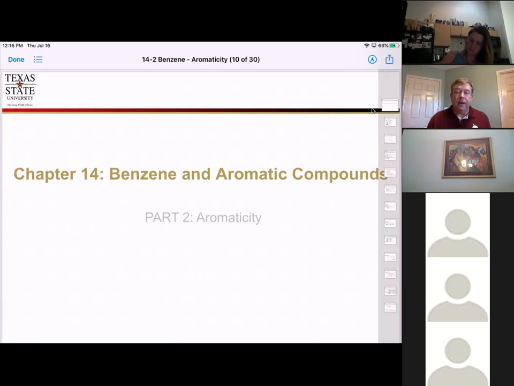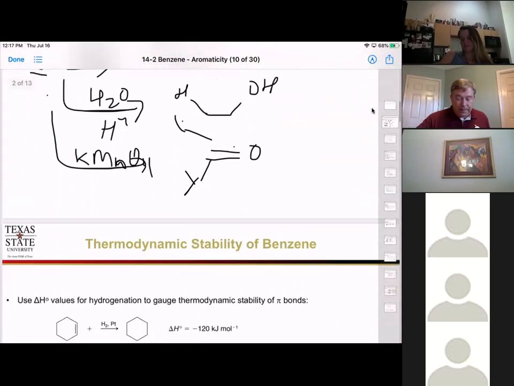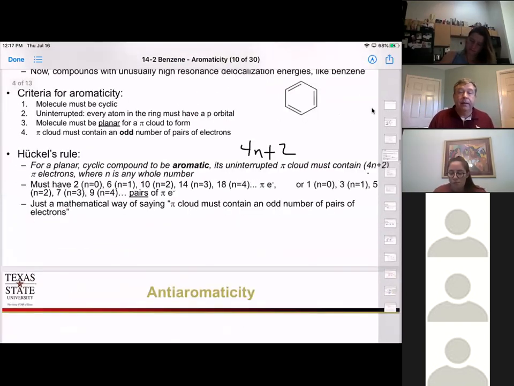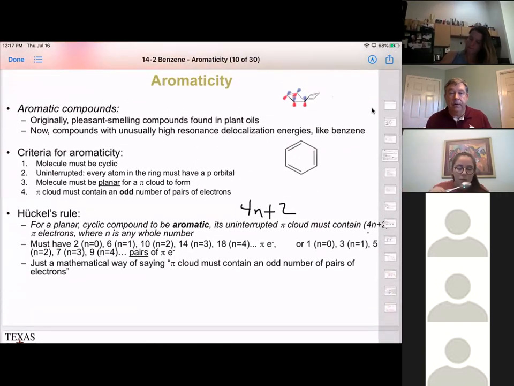The second thing I want to go over is aromaticity and finding the electrons that contribute to the aromaticity, so that we know we have the right number of electrons, the right number of pairs of electrons, okay? The first thing I want to remind you is the difference between aromatic and anti-aromatic, okay?